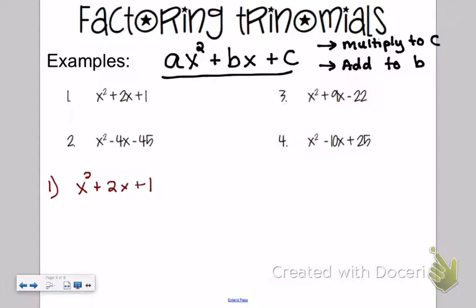C is going to be the constant. So I'm looking for numbers that multiply to 1, and my b is my middle coefficient, and add to positive 2. So this is actually kind of nice because there are only two numbers that multiply to 1. Those are 1 and 1, or negative 1 and negative 1. Which set of those numbers add to 2? Positive 1 and positive 1.